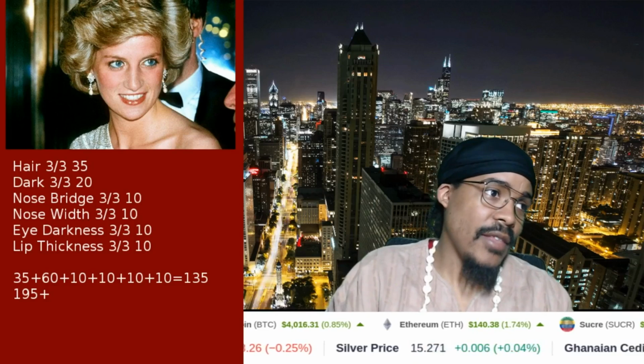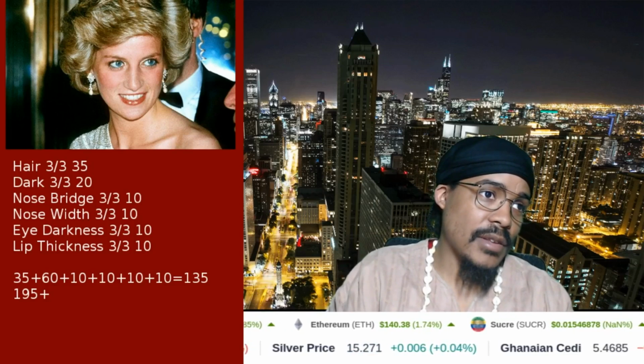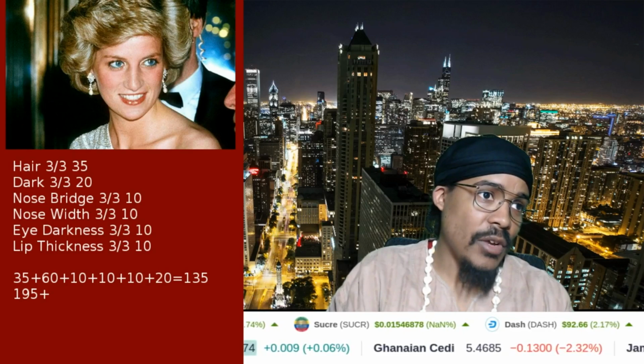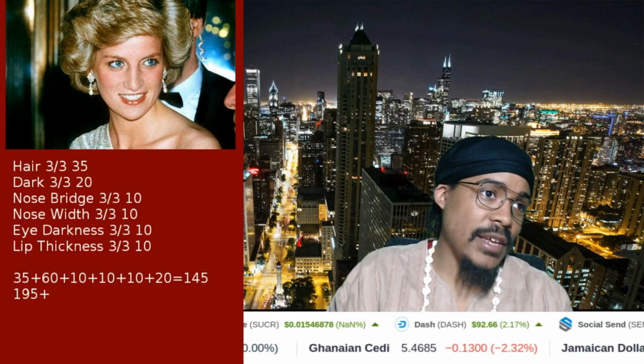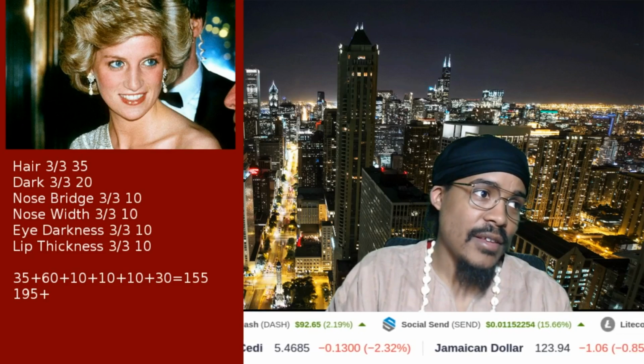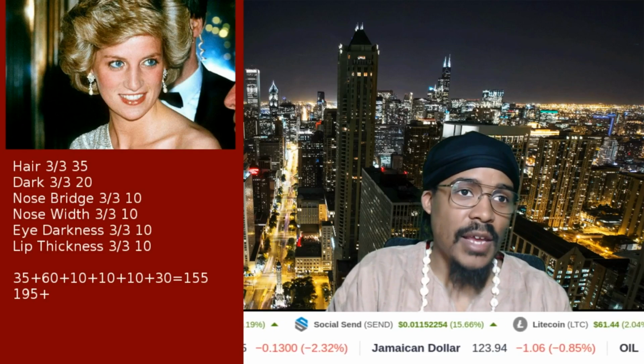So let's say that they have a little bit thicker lips. Give them level 2 thick lips and that will give them 145. Still not. You can have level 3 thick lips and you'll be at 155. Still not cutting it because you got to be 195.